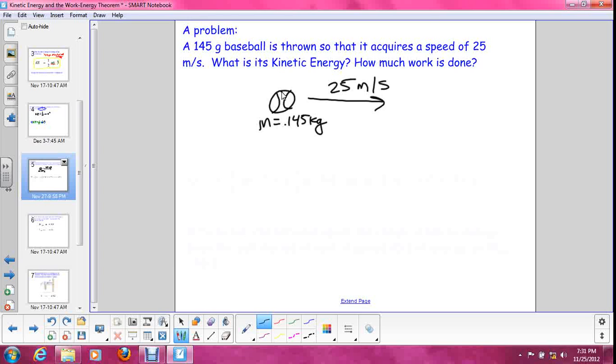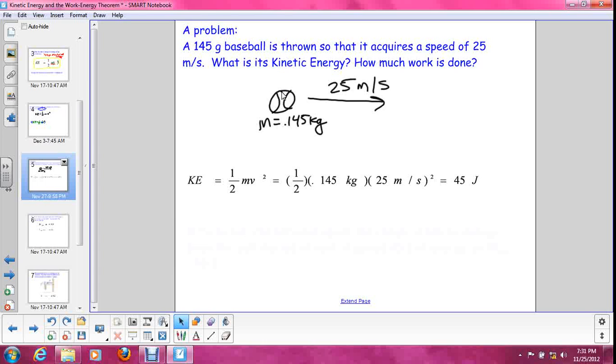Remember, we always work in kilograms. So we use our new equation, 1/2 mv squared, and we just plug in what we know. 1/2 times the mass, which is 0.145, times the velocity squared, 25 squared, is 45 joules. So this is the amount of kinetic energy of the baseball.